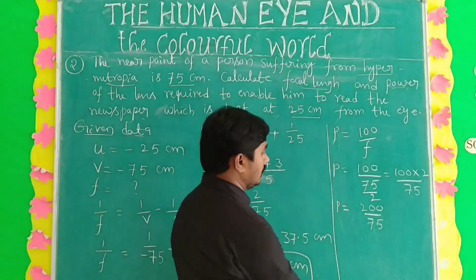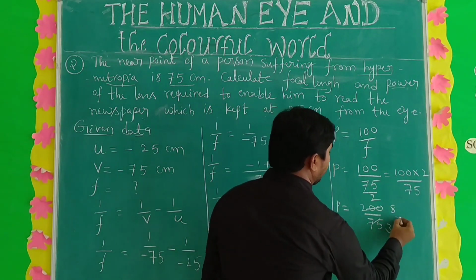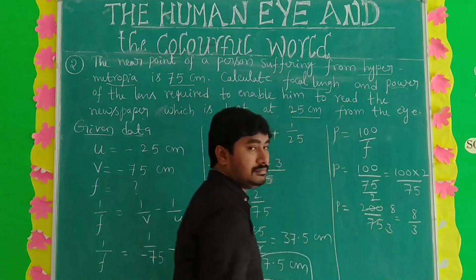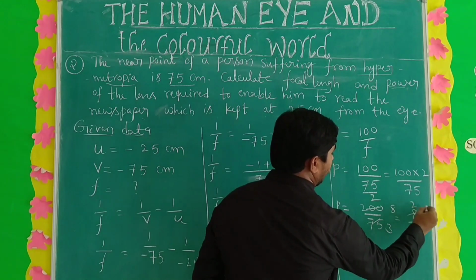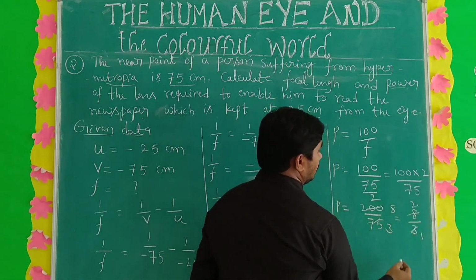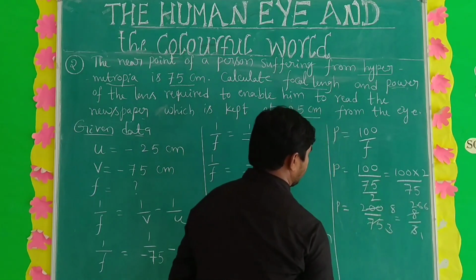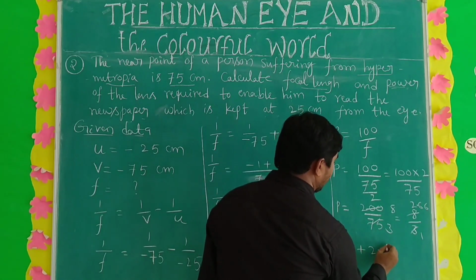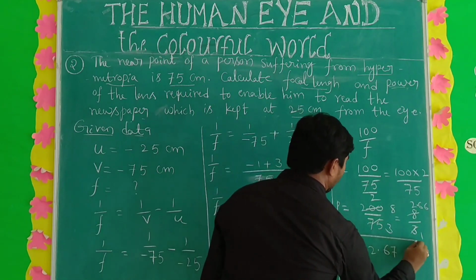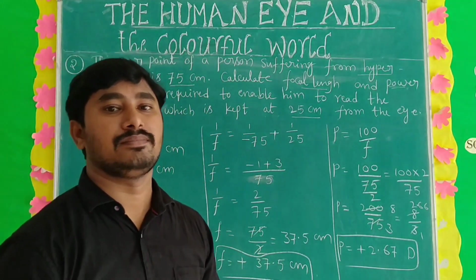Take the 25 table: 25 threes, 25 eights, that means 8 by 3. So 3 twos are 6, remaining 2, 3 sixes are 18, and so on. So P is equal to plus 2.67 diopters, that is the power of lens. Understood?